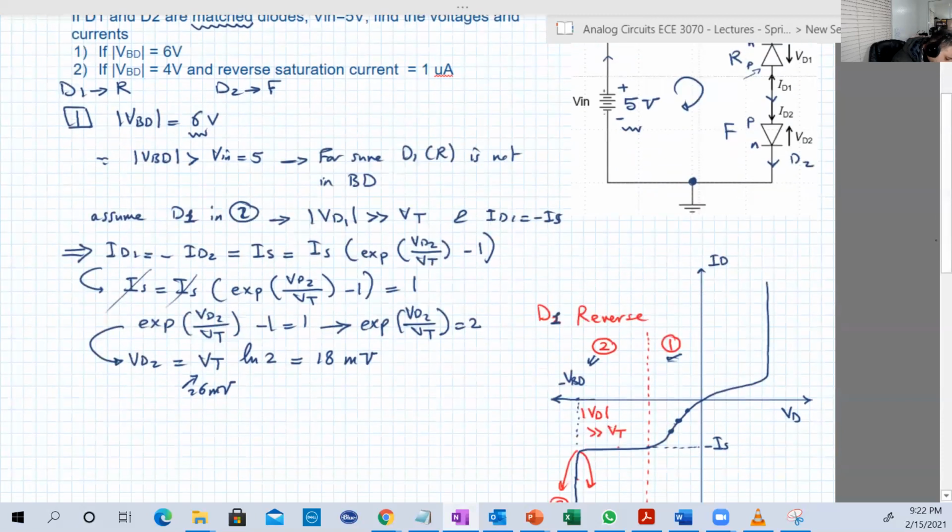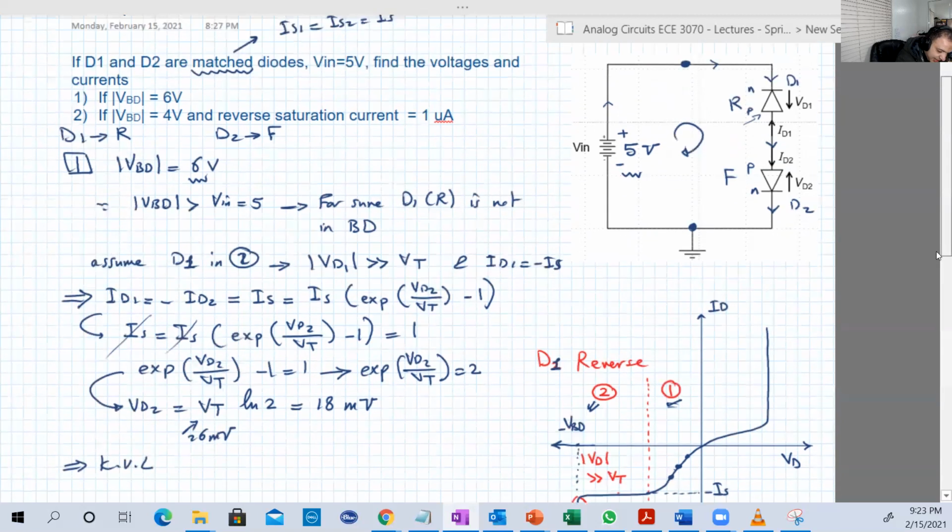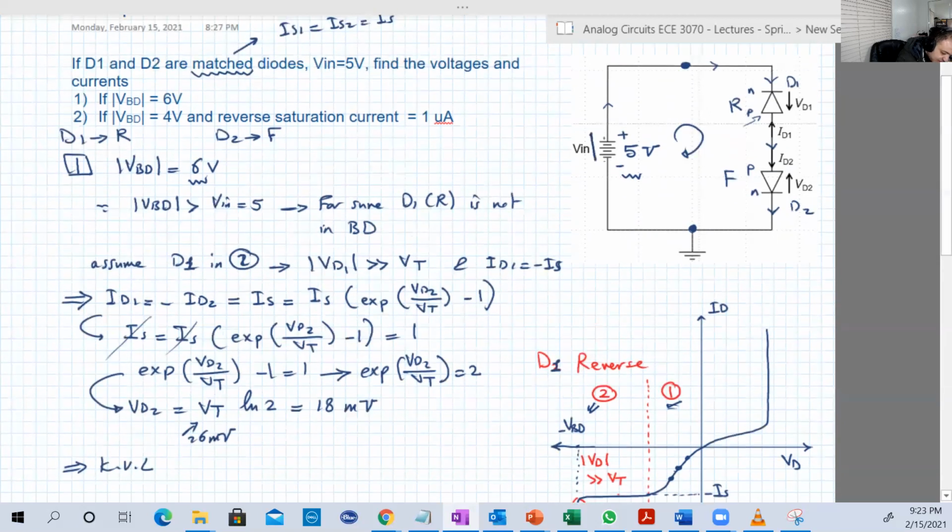So from KVL, Kirchhoff voltage law, let's see the directions. This one is upward from negative to positive. This one is downward from negative to positive. So V input plus VD1 minus VD2 equal to 0.